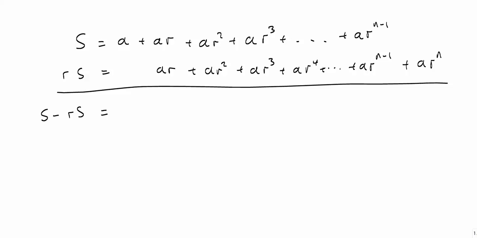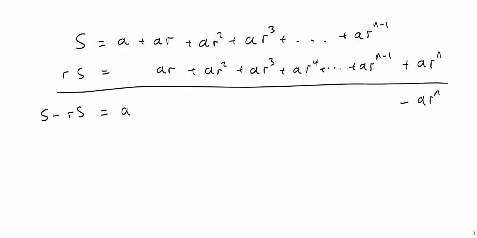Well, we have a, then we have ar take away ar, well that's nothing. ar squared take away ar squared, ar cubed take away ar cubed, and all the terms are going to cancel up until ar to the n minus 1, and then we'll be left with minus ar to the n. So we see S minus rS is just a minus ar to the n.